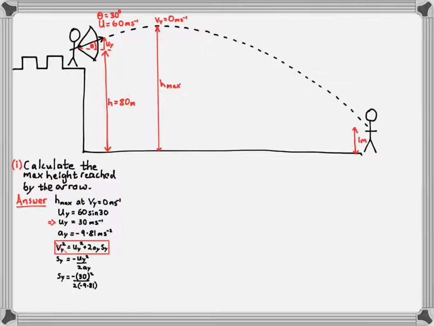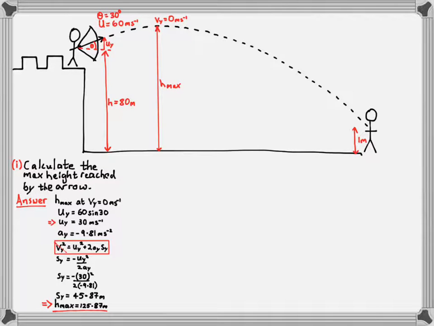And I fill in all my values for that. So I have minus times uy is plus 30 squared, all over 2ay, so 2 times ay is minus 9.81. So the minus is cancelled, and I get that Sy equals 45.87 meters.